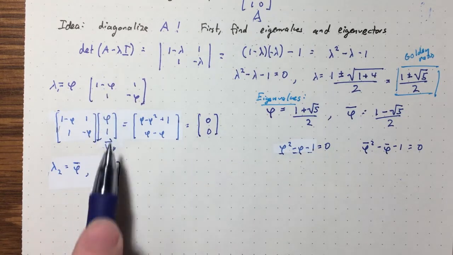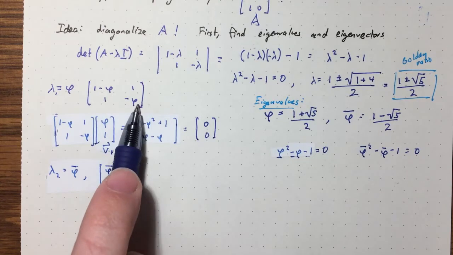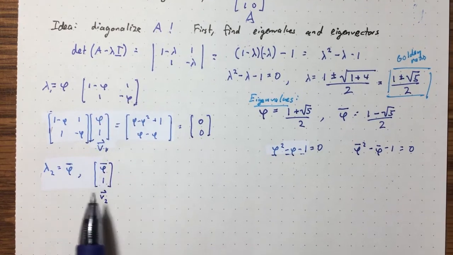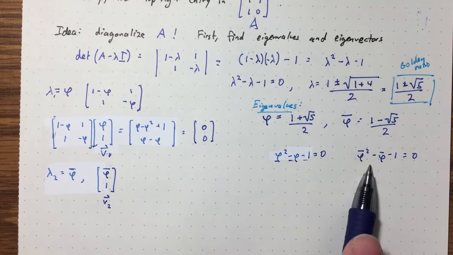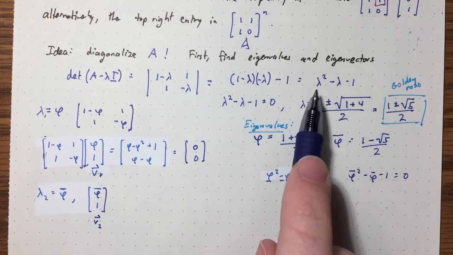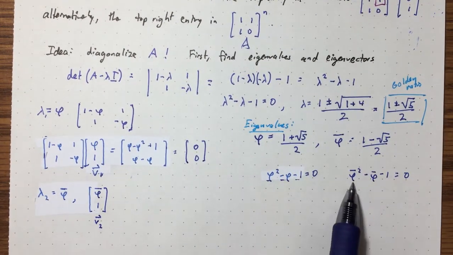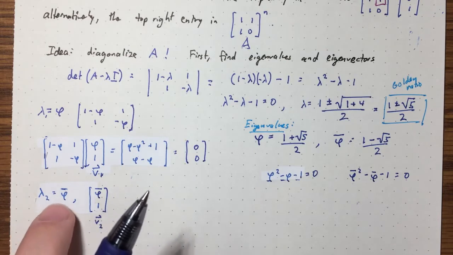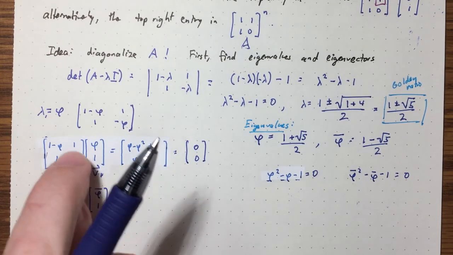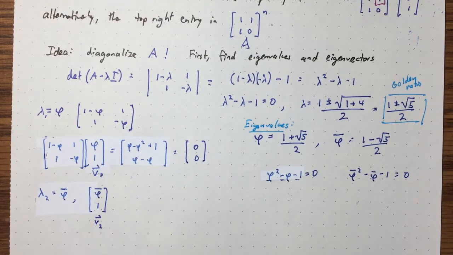Because, again, when you multiply by this matrix, except with the phis replaced by phi bar, you're just going to get the same thing, but the phis are going to be replaced by phi bar. But we still have that phi bar is a root of the characteristic polynomial. So you're going to get 0, 0. You should try it just to be sure. But yes, this is an eigenvector associated with that, and this V1 is an eigenvector associated with this. So here's how we diagonalize.